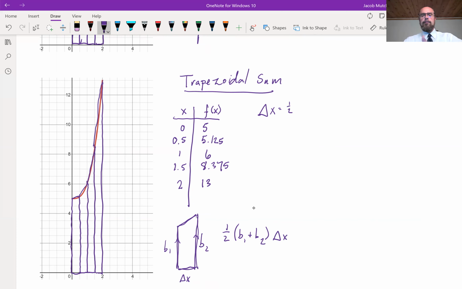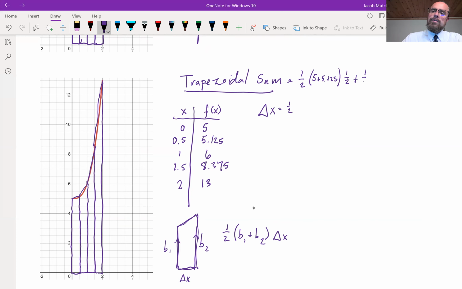Now we're going to do that for each one of these trapezoids. So we got to create 4 of those. So let's start off. We'll just set it up here. It's going to be half. So I'm going to consider the 2 heights of the first trapezoid. So it's going to be 5 plus 5.125. And I'm going to multiply that times delta x, which is half.